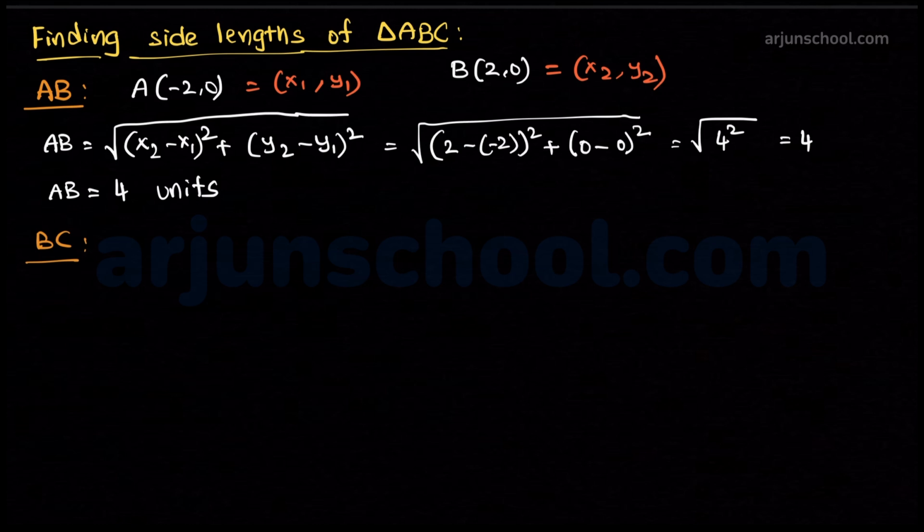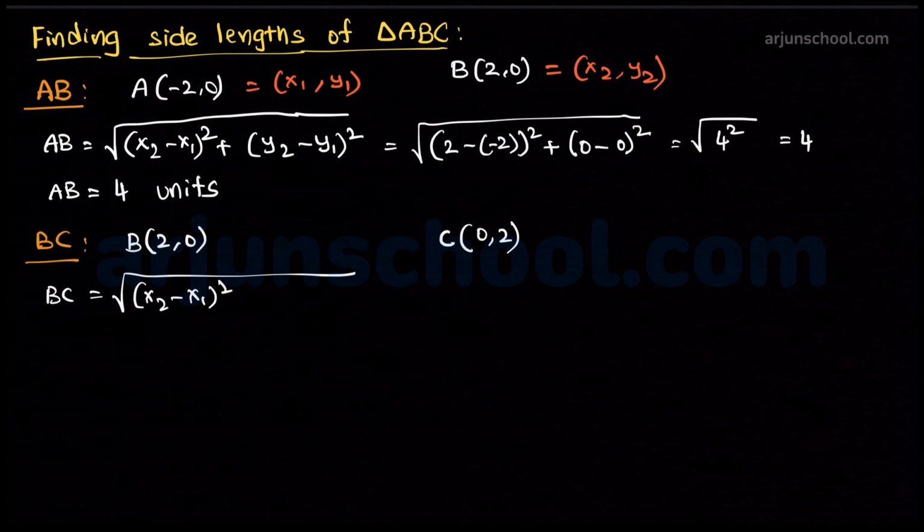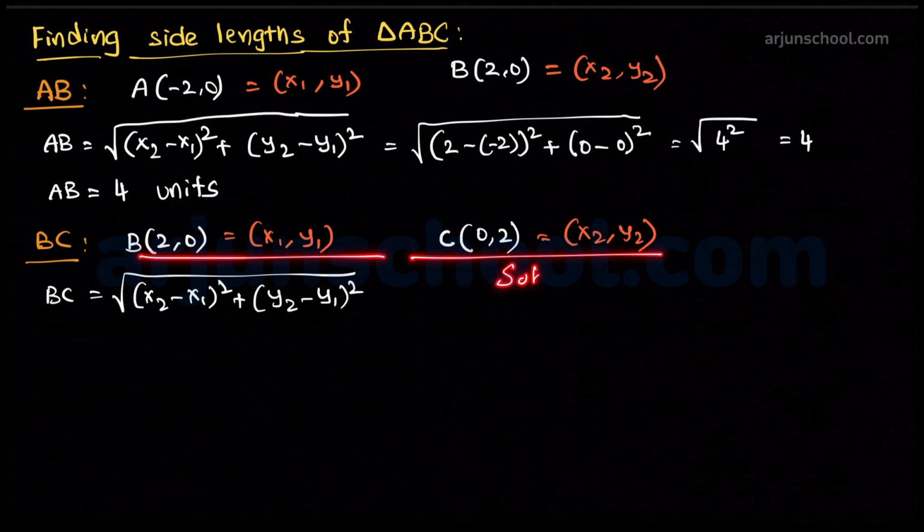Now let us find the length of the side BC. What is the length BC? It is the distance between the vertices B and C. Root over (x2 minus x1) whole square plus (y2 minus y1) whole square, where vertex B is the point (x1, y1) and vertex C is the point (x2, y2).